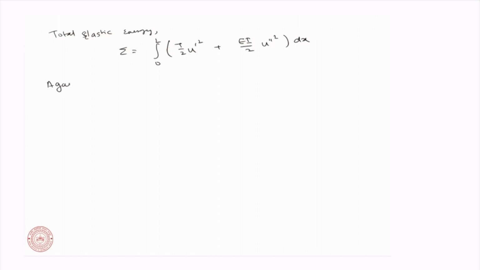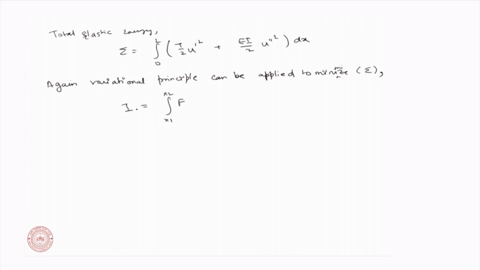Now, again if we apply the variational principle, it can be applied to minimize the energy, and we can say that this is a functional from x1 to x2, which is a functional of x, u, u prime and u double prime, dx. Now, there is no u term in this case, but let us take that there is a u term.